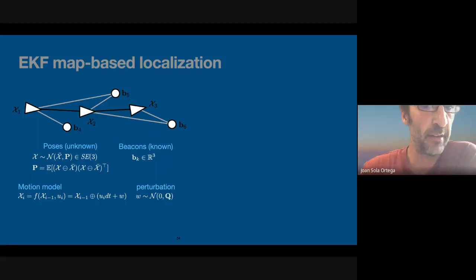And this somewhere else is expressed by the integration that I presented on the last slide. The control signal is a certain input u_i times delta t, plus w. W is just white noise, the perturbation on the controls, which is a Gaussian variable with covariance Q.